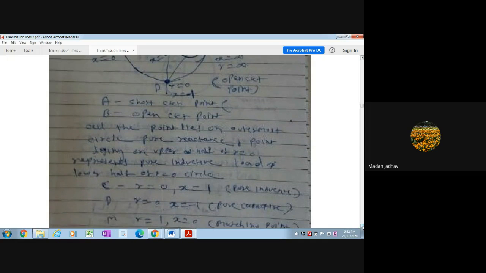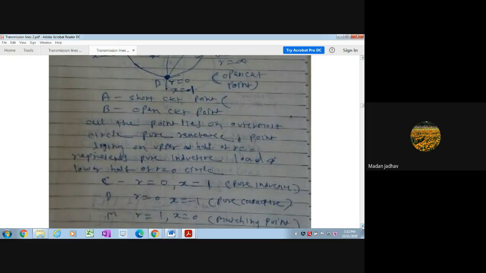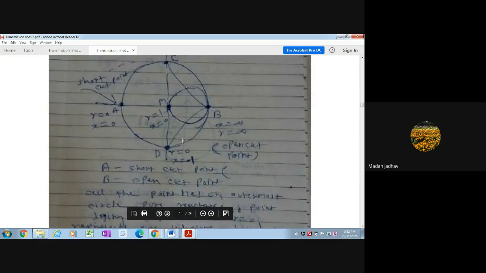Pure reactance points lying on the upper half of R is equal to 0 represent the pure inductive load, or pure inductive reactance. That upper point is point C. Now I will show its image also, which is the same as what we have described here.